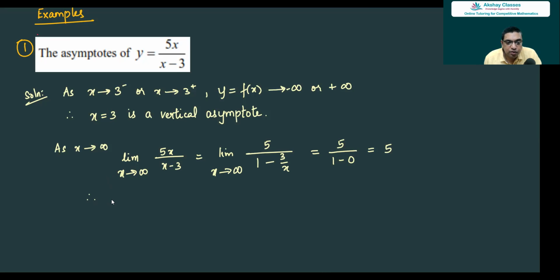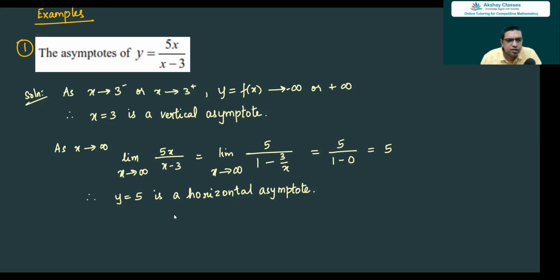Therefore, y equal to 5 is a horizontal asymptote.